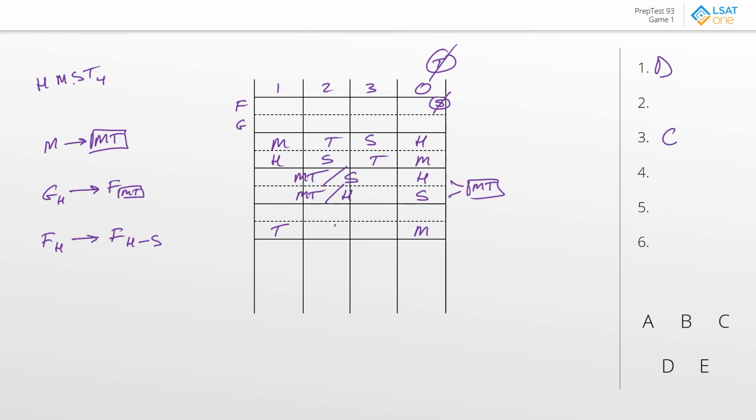And even though we don't exactly know the exact sequence of H and S, we do know that she's doing H now, right? She is going to Houston, and we know that if she goes to Houston, then Frank has to go to Montreal. Although I suppose we actually knew that either way, because if Montreal is out for Gloria, then somebody has to go to Montreal. It's going to have to be Frank. So Frank is going to definitely have an empty block.